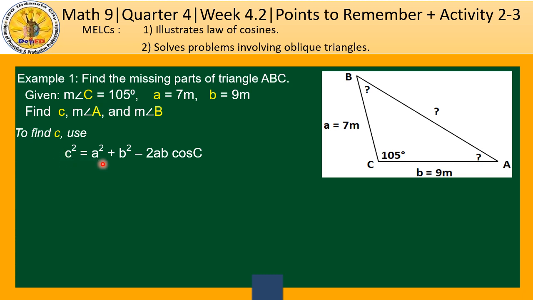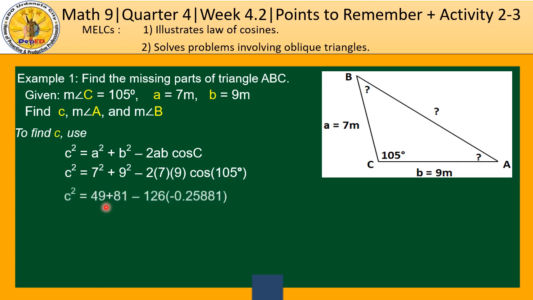We have the value of a, the value of b, and the cosine of angle C. So let us substitute the values: a is equal to 7, b is equal to 9, and angle C measures 105 degrees.